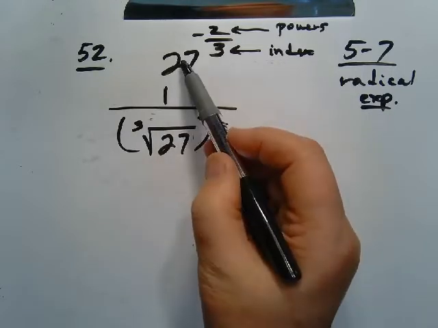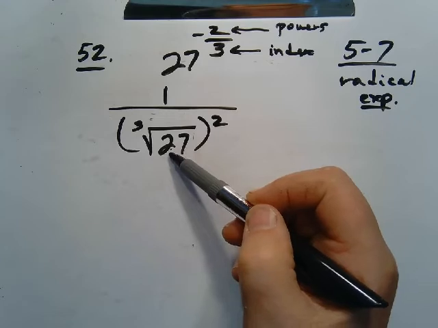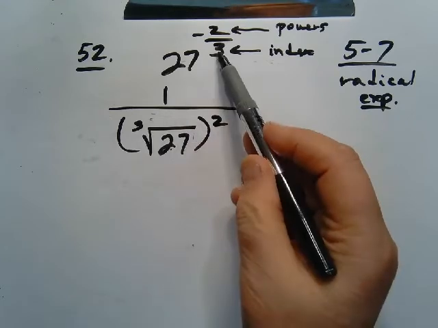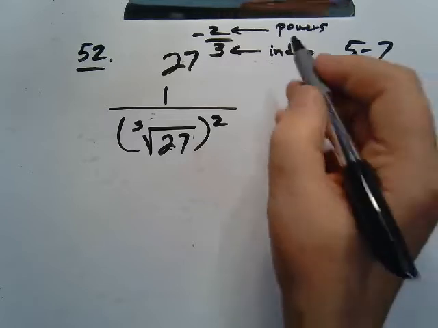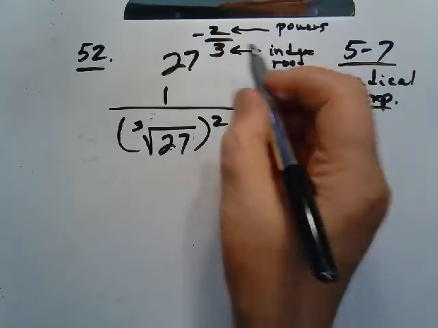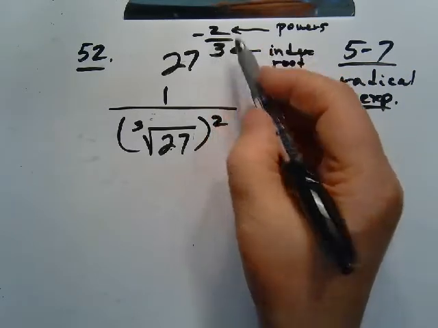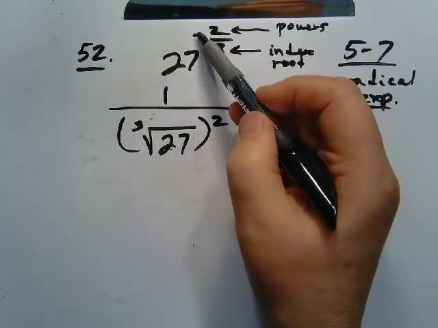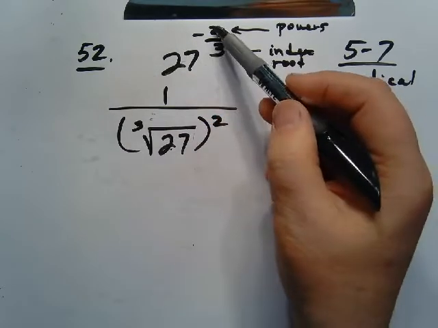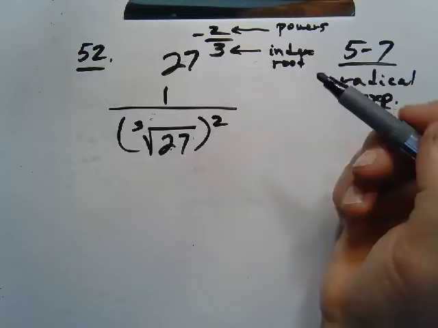Well, the 27 moved to the bottom. The cube root is this number on the bottom. That's an index, a root index. And the number on the top is a power. So everything had meaning here. The negative made it move to the bottom. 2 was a power. 3 was a root.